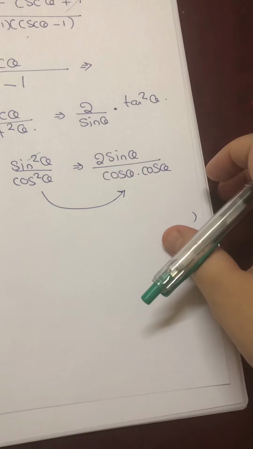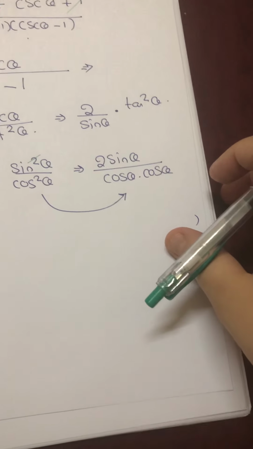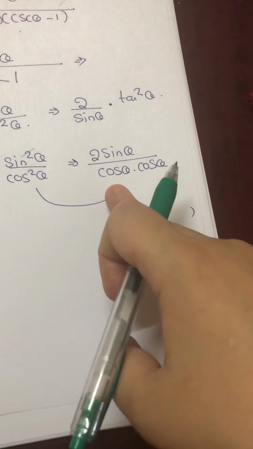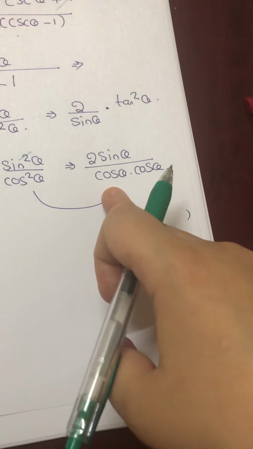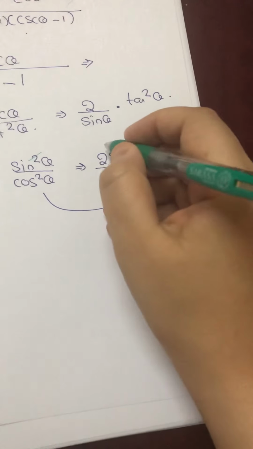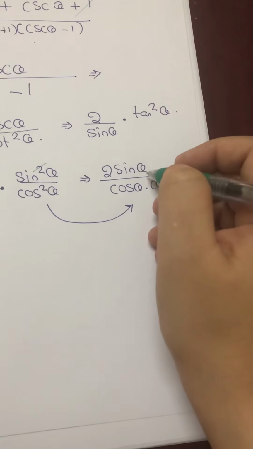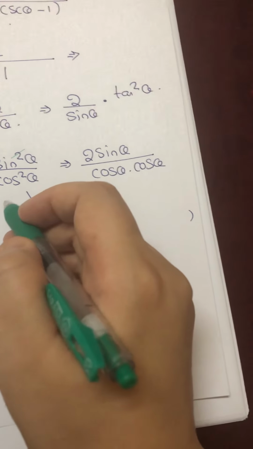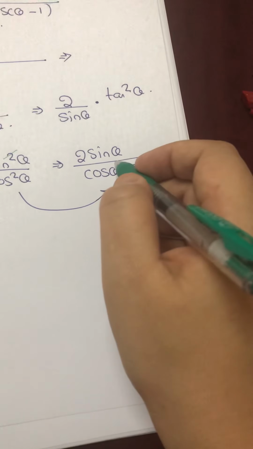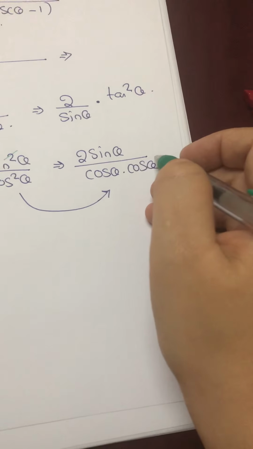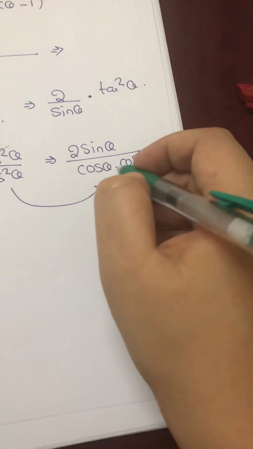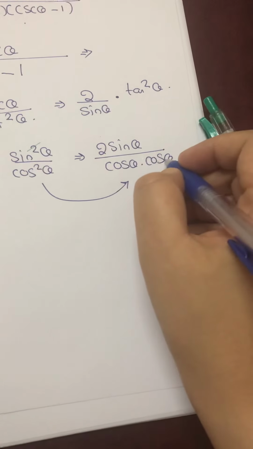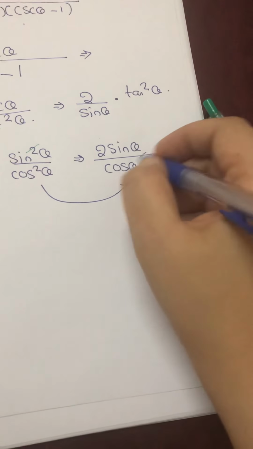I just want to show you that I have 2 over cosine squared, and I have sine. If I take 2, oh, so I didn't need to split that actually. I wanted to keep it as cosine squared. Okay, I'll show you why.